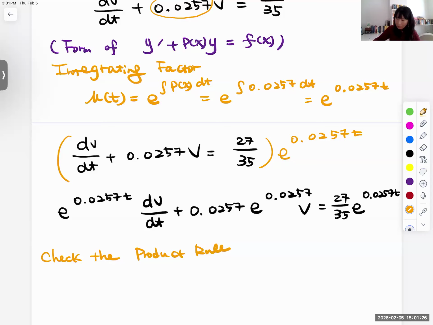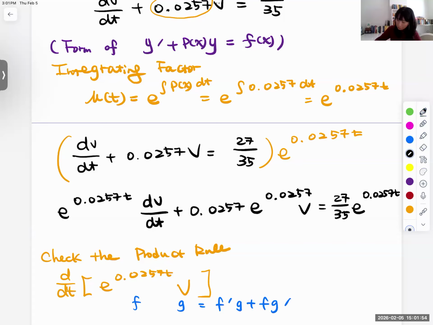So we have d over dt of e to the 0.0257t and v in that case, right? Okay, so that would be f g prime: f prime g plus f g prime.